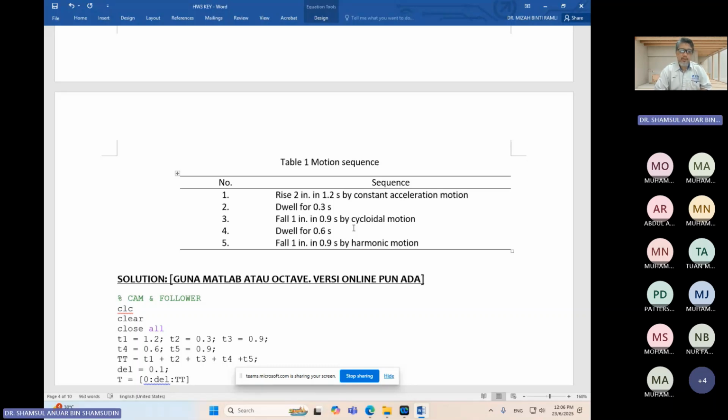So meaning it's dwelling. And lastly, it will fall back towards the base circle in 0.9 seconds using another type of motion called harmonic.